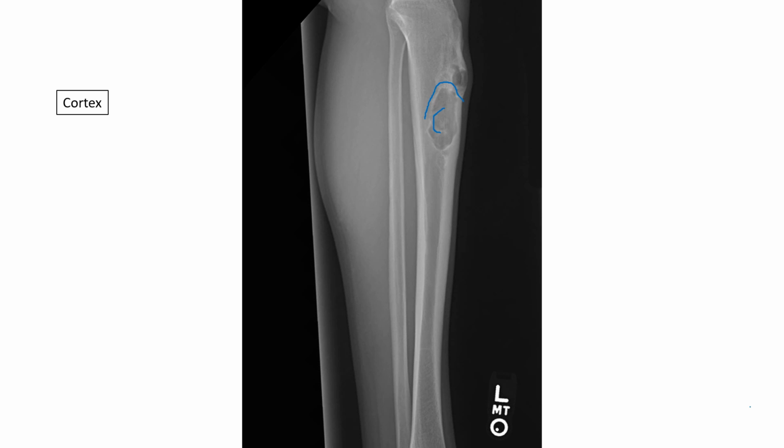But the one additional factor that you've got to remember is that this is an intracortical lesion. And you can well ask me, how are you sure that this is indeed intracortical and there isn't some involvement of the cancellous bone? For that, you need a CT scan.